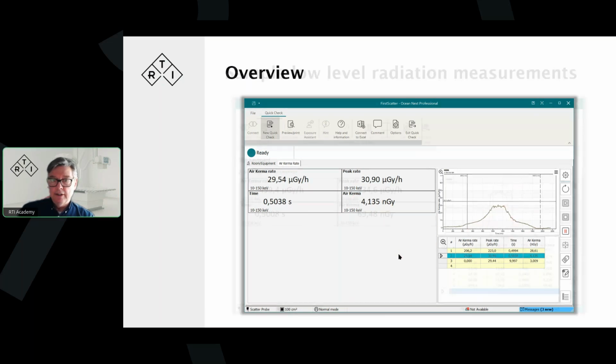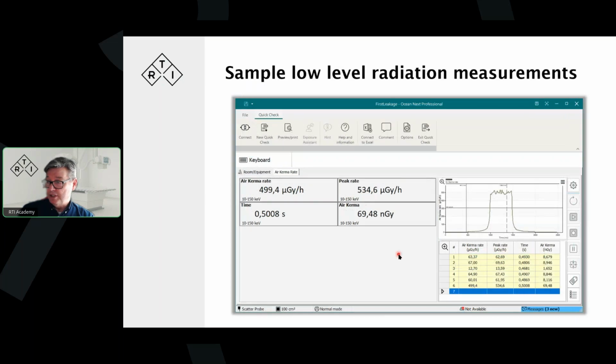And here is one which is even stronger, 69 microgray per hour, and it's picking out pretty well. We'll talk a little about response rate, but already now we can see that here the response is from 500 milliseconds. That's when the radiation starts until it reaches the maximum. It's from 500 to 1,000 milliseconds. That's half a second response time.